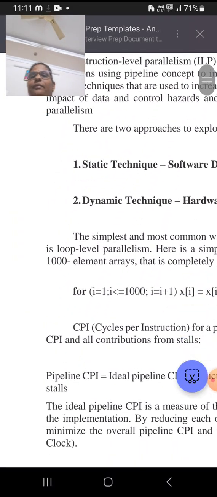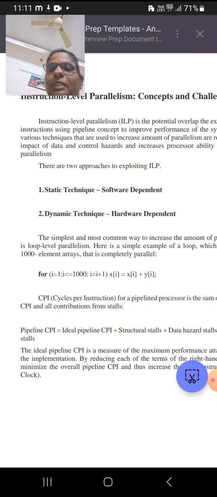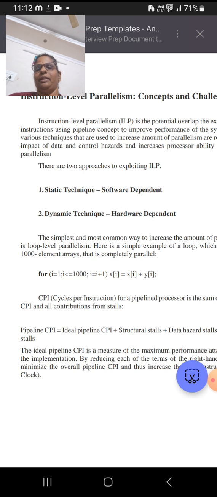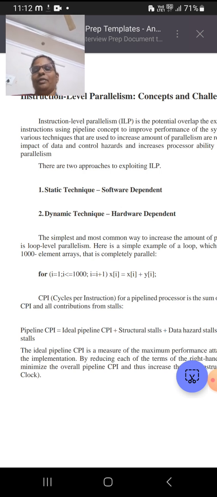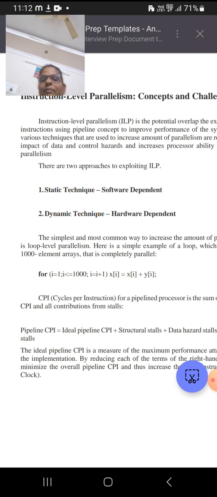So the instruction level parallelism concepts are static and dynamic, software dependency in static, dynamic and hardware dependencies. Using for loops and graphics on the CPUs, a cycle per instruction will be executed.